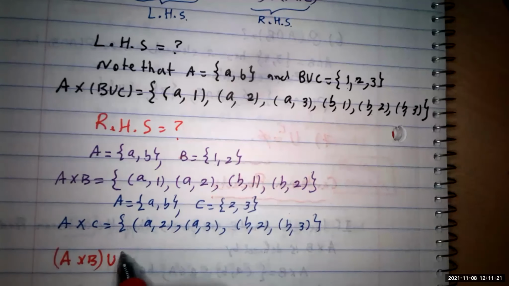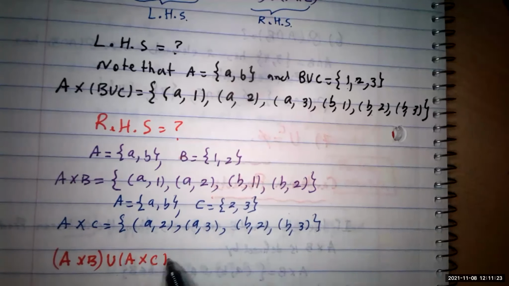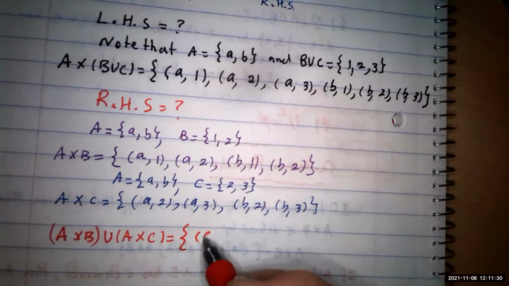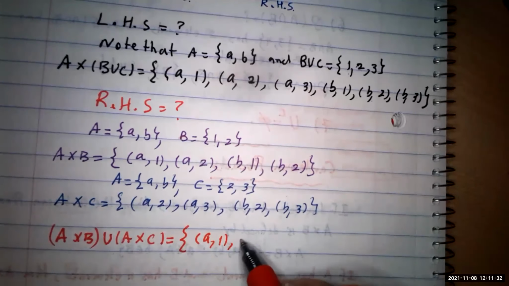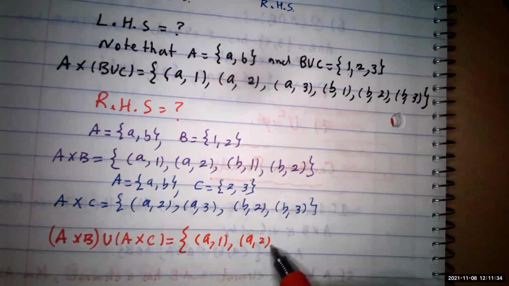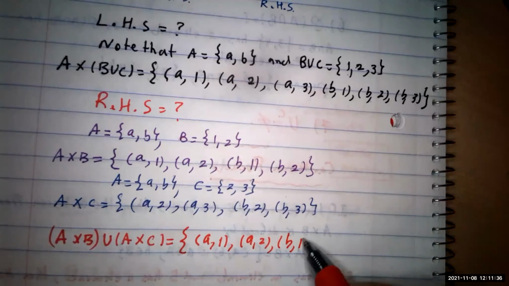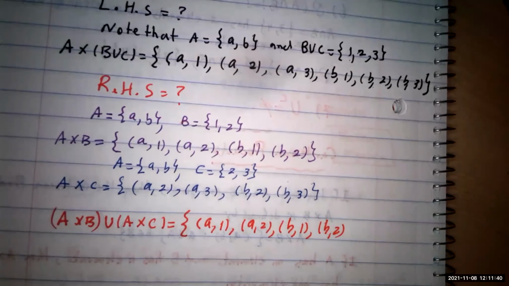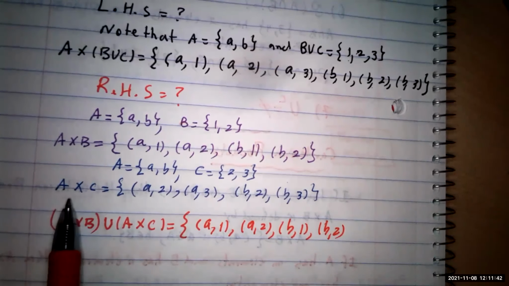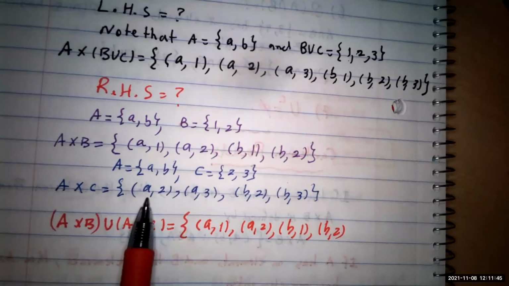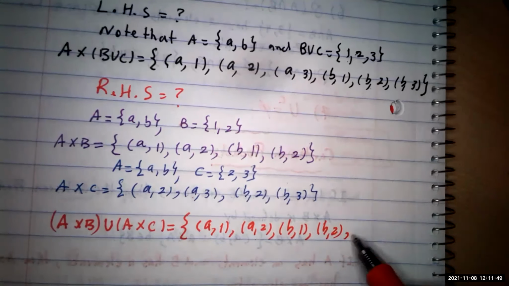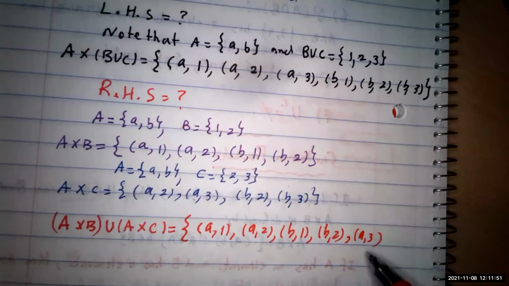A cross B union with A cross C is going to be equal to all the members in the first one, which is A comma 1, A comma 2, B comma 1, B comma 2. Now for the new one, if there is anything new to add, A2 is already there, A3 is not, so it's going to be A comma 3.